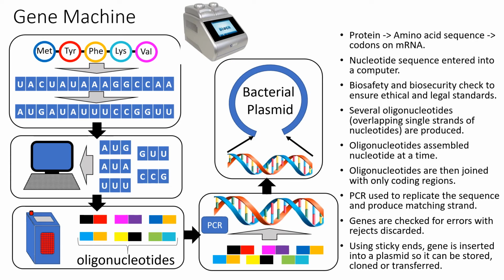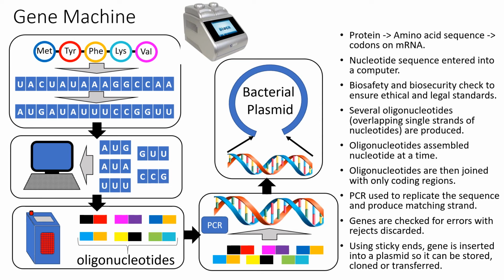Now, the third way we can get that DNA sequence is to use what's called a gene machine. A gene machine is literally a computer where you punch in the sequence of amino acids and it builds a particular code for you. We then use a process called PCR, which we'll come into in a later presentation.